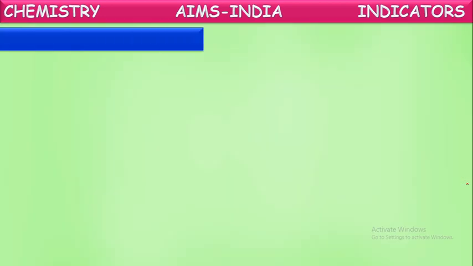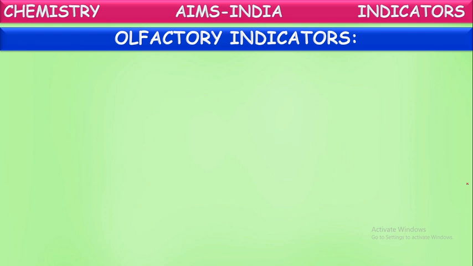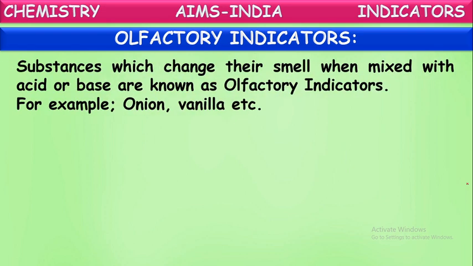Okay. Next, one more kind of indicators. They are olfactory indicators. The substances which change their smell when mixed with acids or bases are known as olfactory indicators. Olfactory indicators are the indicators which can be used for detecting acids and bases with a change in smell.